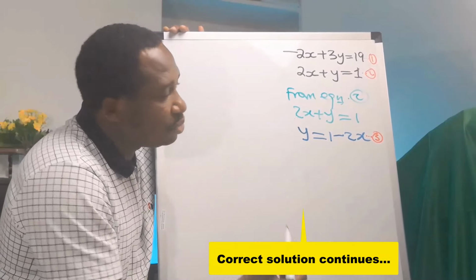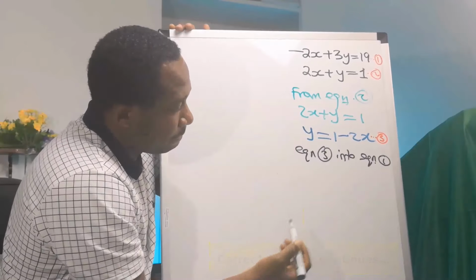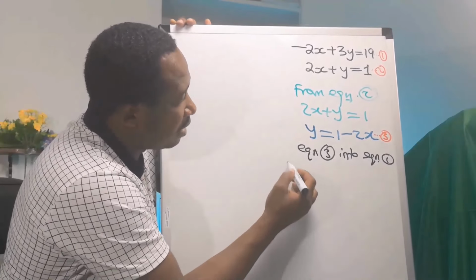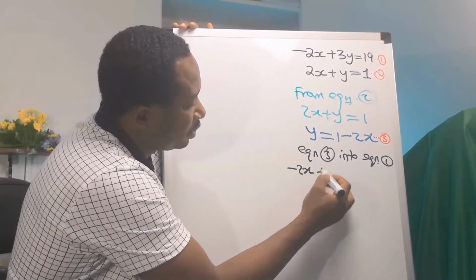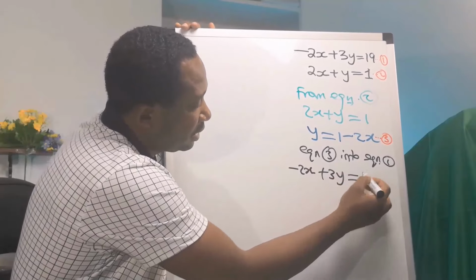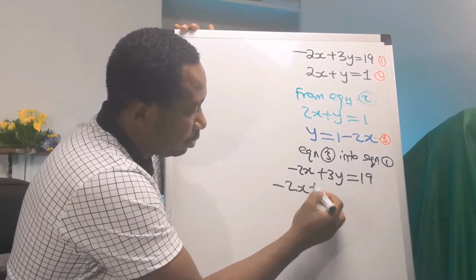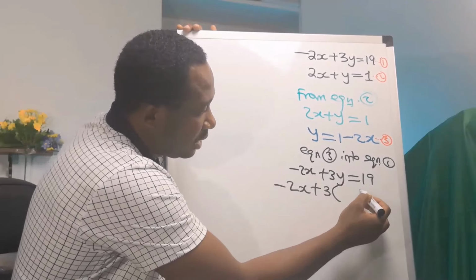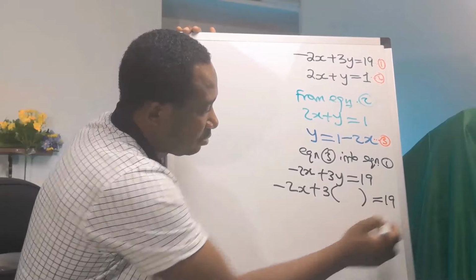I will substitute equation 3 into equation 1. If I do this, from equation 1, we have minus 2x plus 3y is 19.